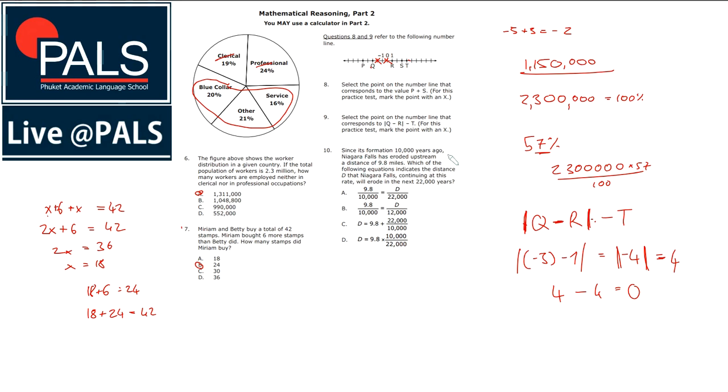Since its formation 10,000 years ago, Niagara Falls has eroded upstream a distance of 9.8 miles. Which of the following equations indicates the distance d that Niagara Falls, continuing at this rate, will erode in the next 22,000 years?